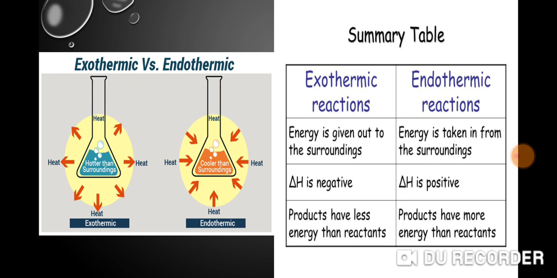To understand it better: in the exothermic case, the products have less energy whereas the reactants had more. In the endothermic case, the products have more energy and the reactants had less.